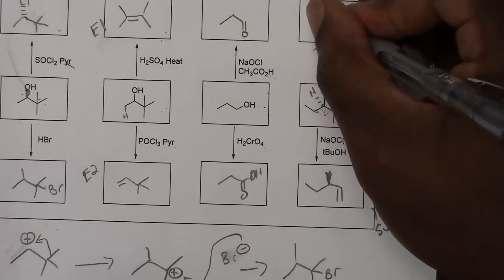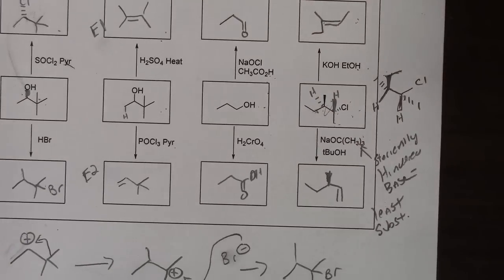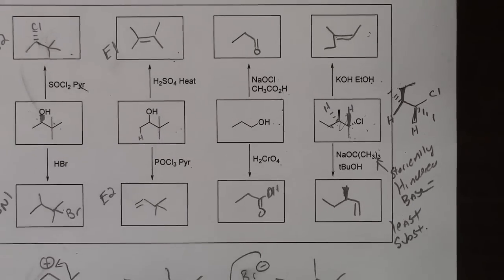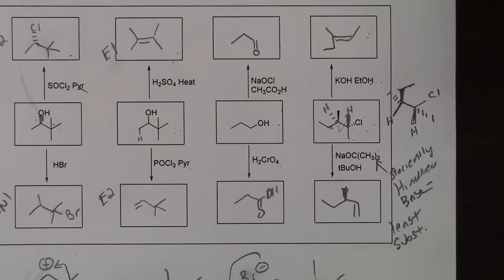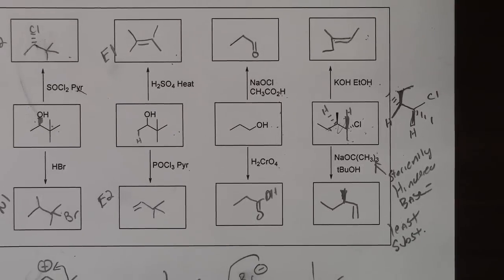E. And for this one, it doesn't matter which side you put the ethyl on, right? No, because they're both methyls, but if they weren't both methyls, it would make a difference.